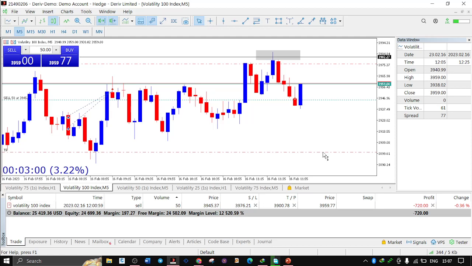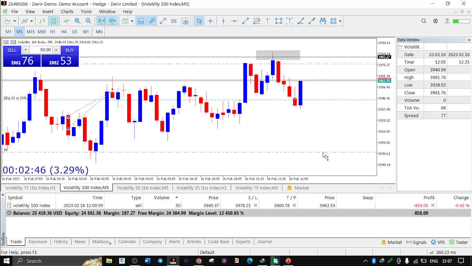Are you writing? It's already in pip points, so it's the lot size times the pips. The pips difference is either upper minus lower or lower minus upper. Okay.